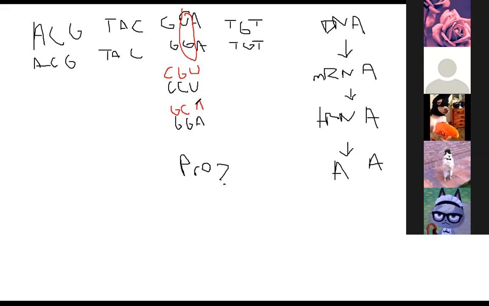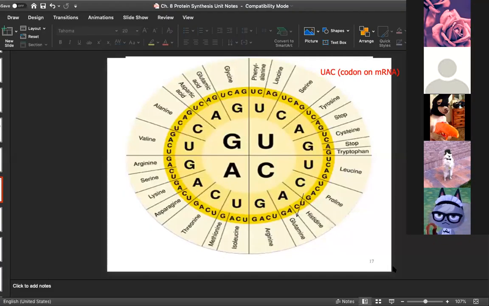So now we want to figure out, are we going to use the G, or are we going to use CGU or GGA when we look at our wheel? CGU, right? So we want to know, does CGU code for something else besides proline? So let's find out. CGU. We go back to our wheel. What does CGU code for then, guys? Arginine.